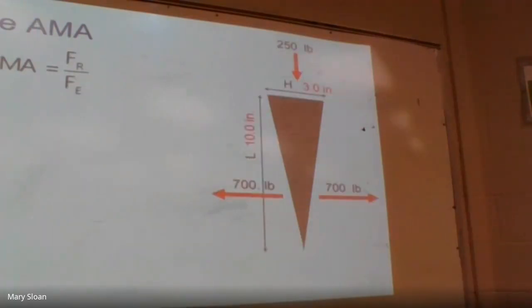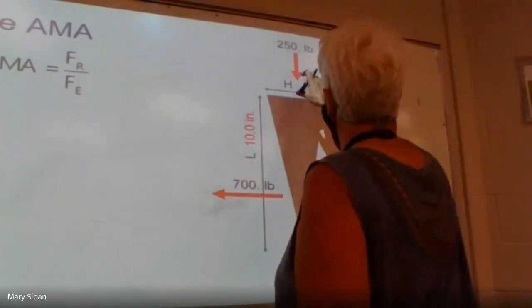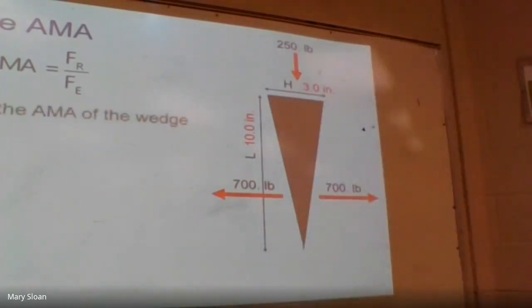Okay, now look at the structure with the AMA. We've got these two new things here, and we still have this. What is FR? FR is the resistance, the magnitude of the resistance, 250, right?